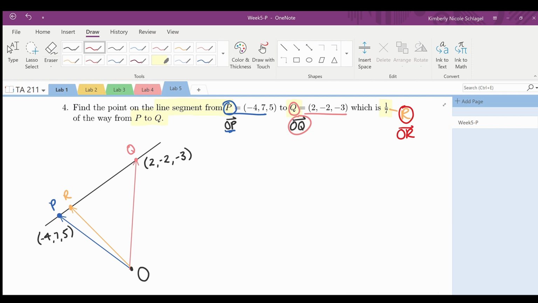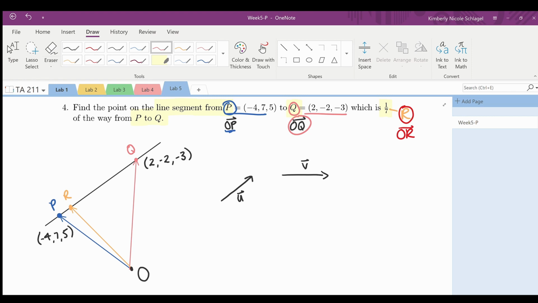I guess we should quickly go over the tip to tail method. I'm not sure if you remember this, maybe you went over it in class, but I'll give you a quick reminder. If we have some vector, let's call this one U, and we have another vector here, V, the way that we add them together is we go tip to tail.